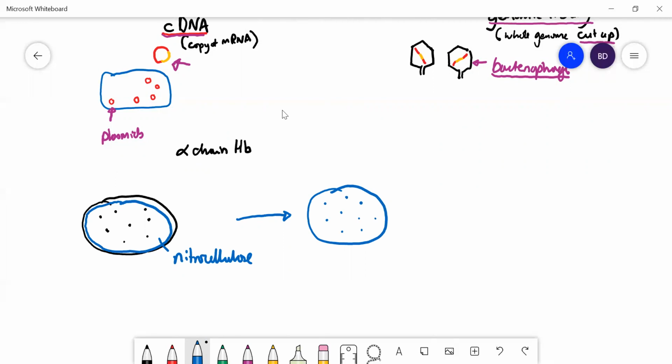The next thing to do is to denature the DNA. What that means is you make it single-stranded, and you do that usually by adding sodium hydroxide, a strong alkali, which splits it up. You'll then have single-stranded DNA.